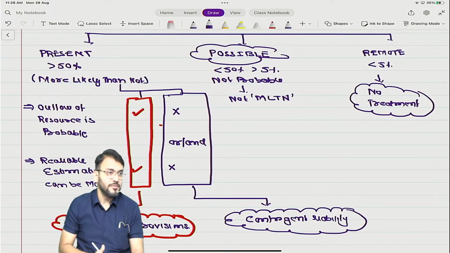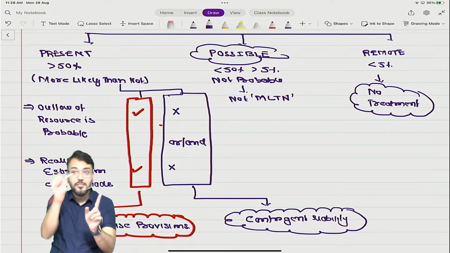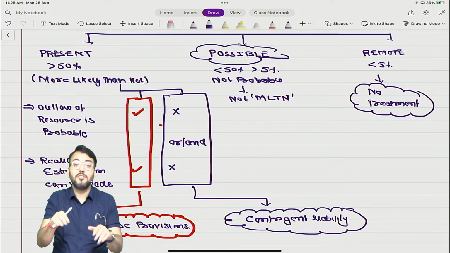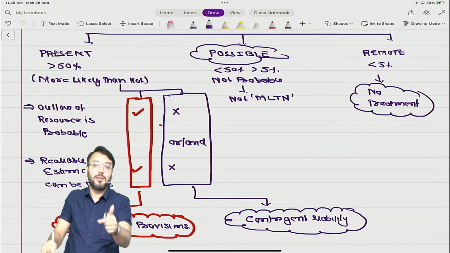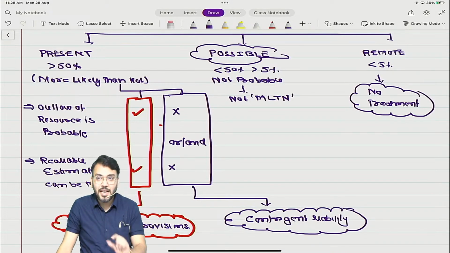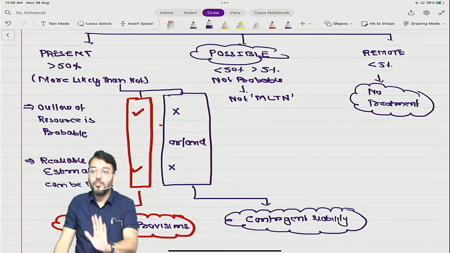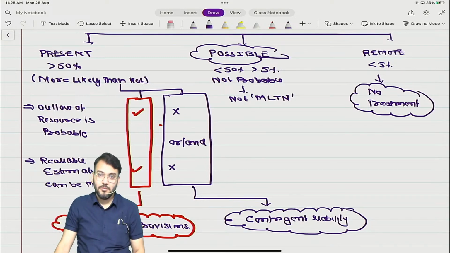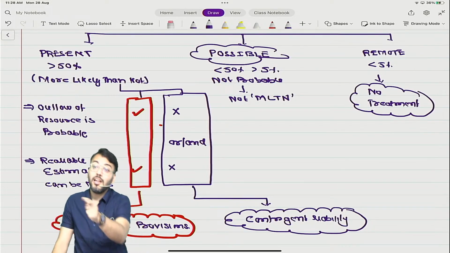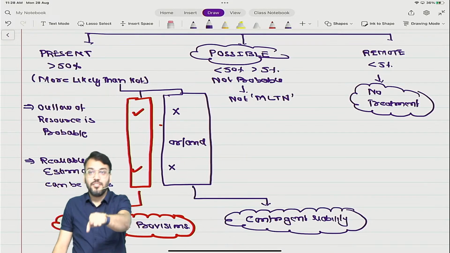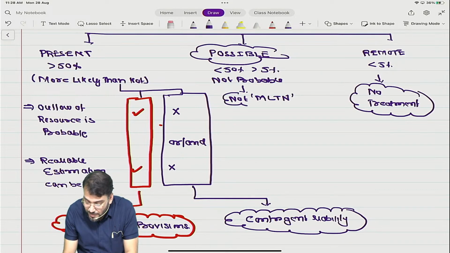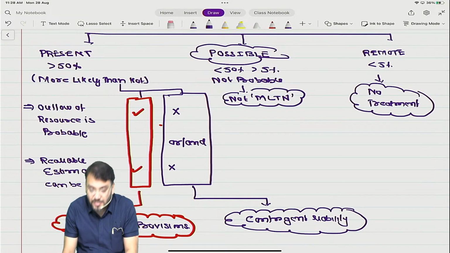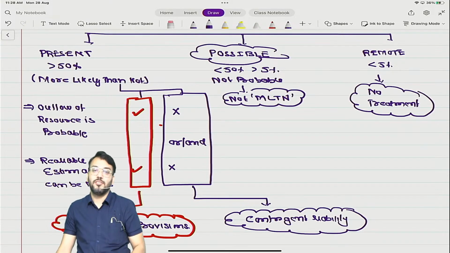Negative will become positive. You are not insignificant, so it becomes you are significant. Similarly, not more likely than not is a negative term, just the reverse of more likely than not. So not more likely than not means the chances are less than 50%.